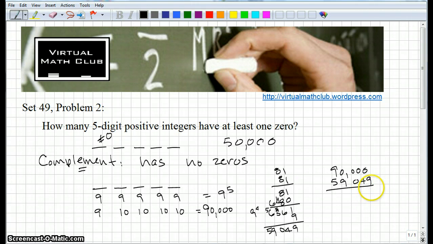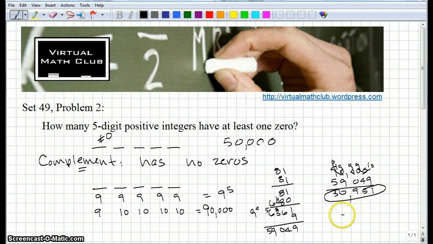We get 30,951, because this would be a 10, this would be a 9, this would be a 9, this would be a 9, and this would be an 8. Okay, so yeah, that works out. So this number is what we were actually looking for, which was the number of 5-digit positive integers that have at least one 0.